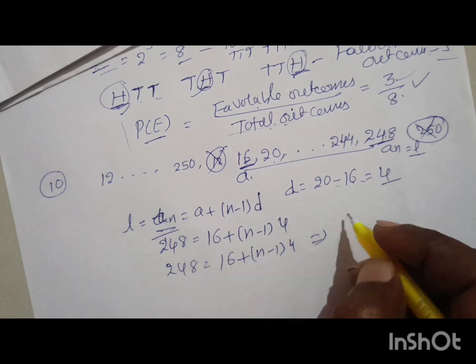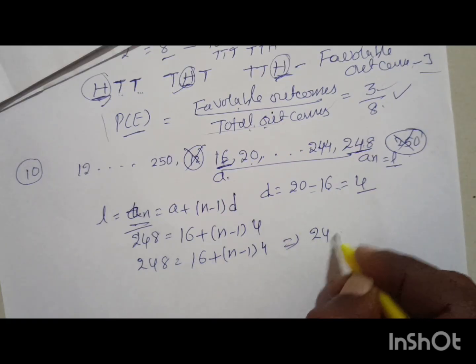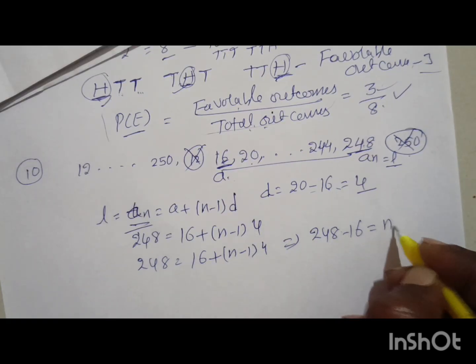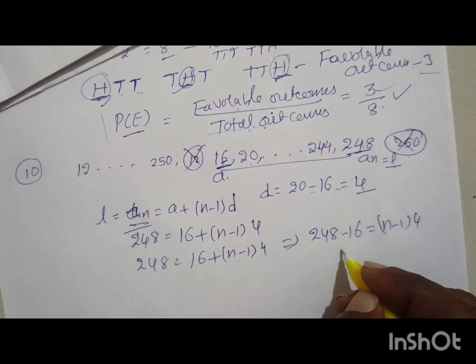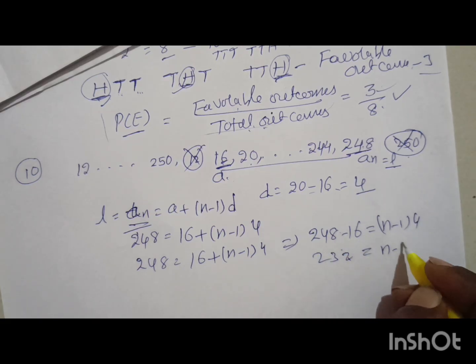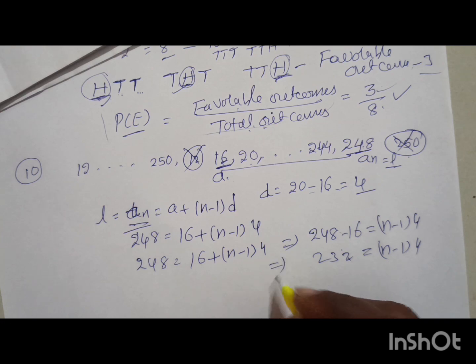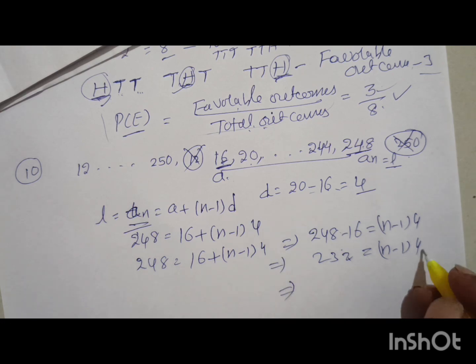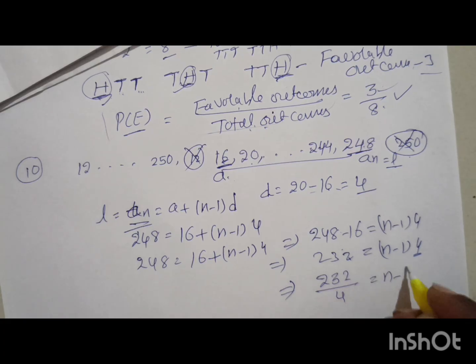Now 16 is transferred to the left side: 248 minus 16 equals n minus 1 into 4. That means 232 equals n minus 1 into 4. Now we require only n, so 4 is transferred to the left side: 232 divided by 4 equals n minus 1.